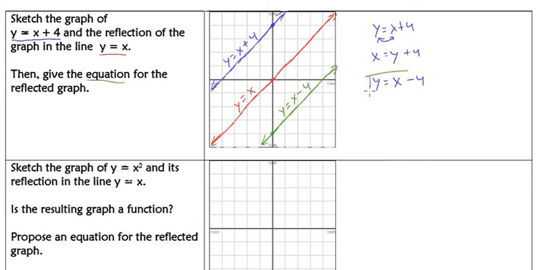Now, how can we reason through that another way other than just simply swapping our x and y values? Let's think of some of the points that are on the original line, the y equals x plus 4. It goes right through the point 0, 4. And remember, when we're reflecting it over the line y equals x, we go from the point 0, 4 to the point 4, 0.